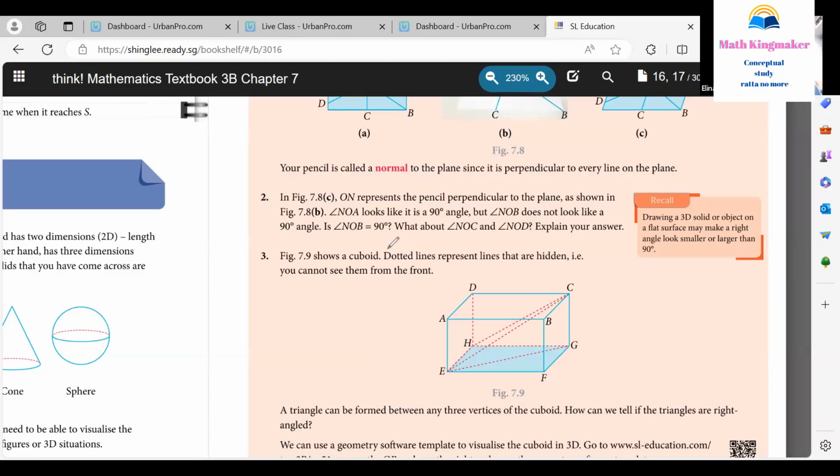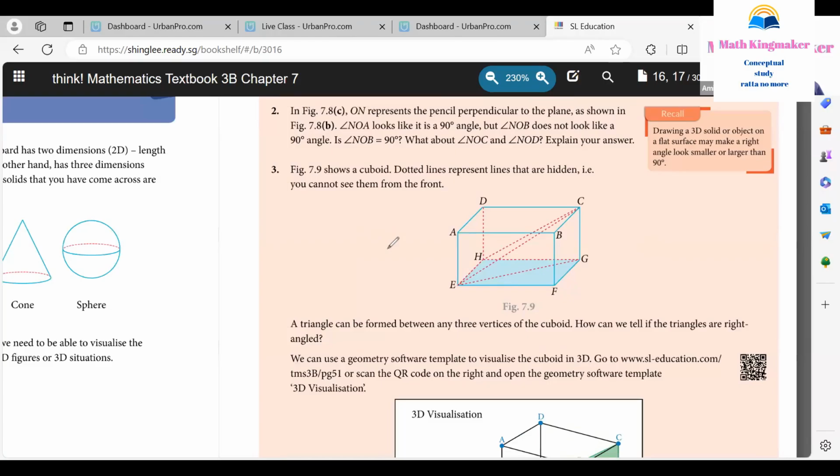So if we draw a line which cannot be seen in 3D figures, it will be dotted. Dotted means you are not able to see those lines, but they are imaginary. Actually, they are there at the backside of the figure. So we can represent hidden lines as dotted lines.